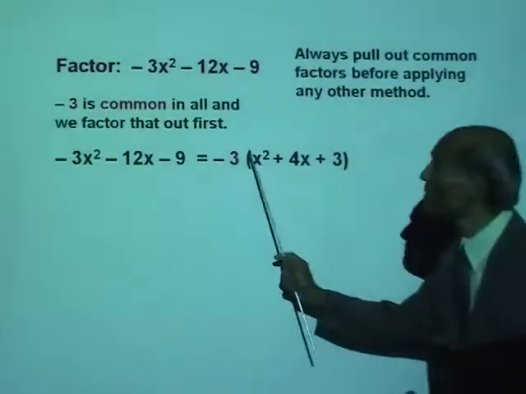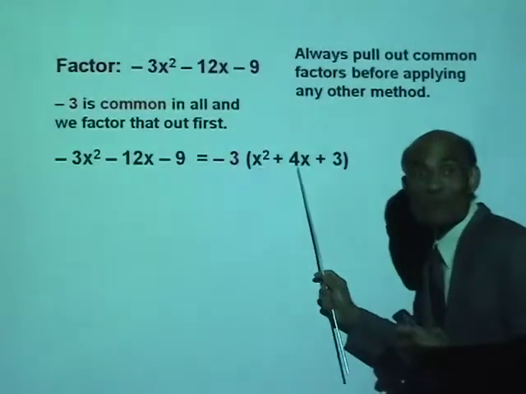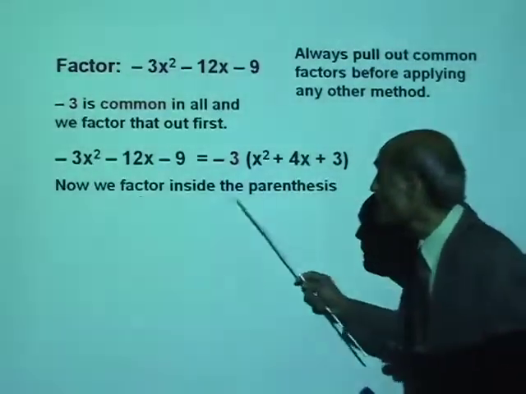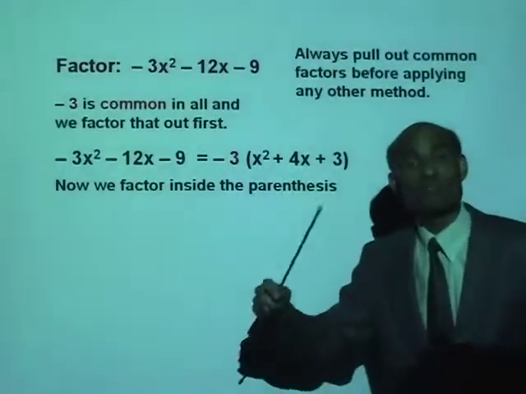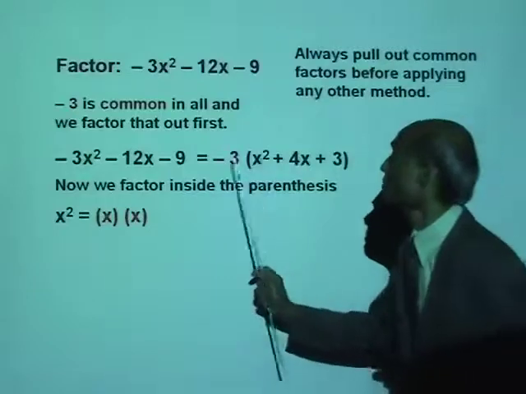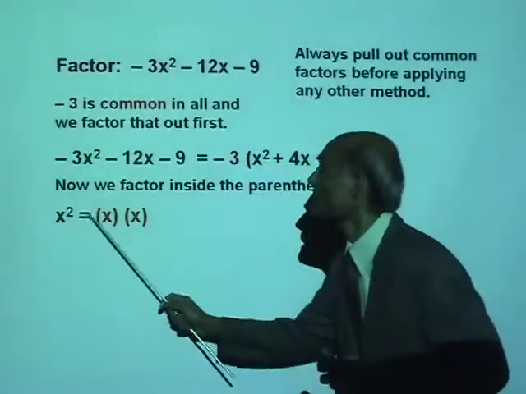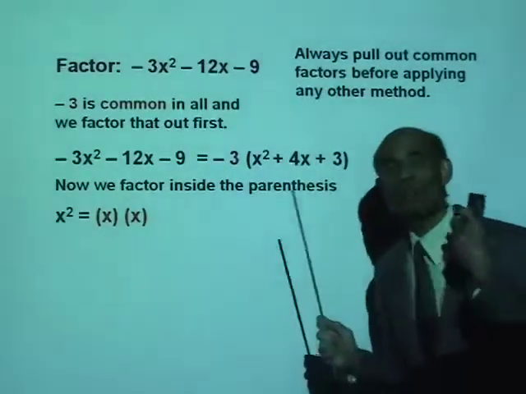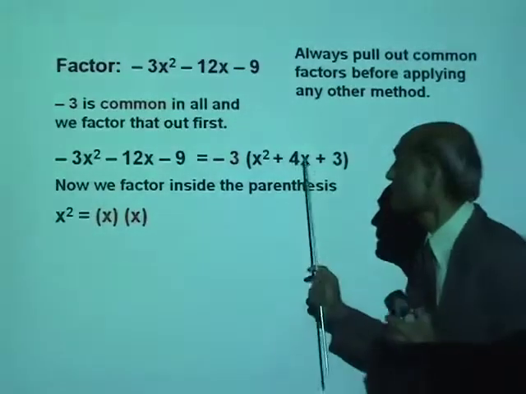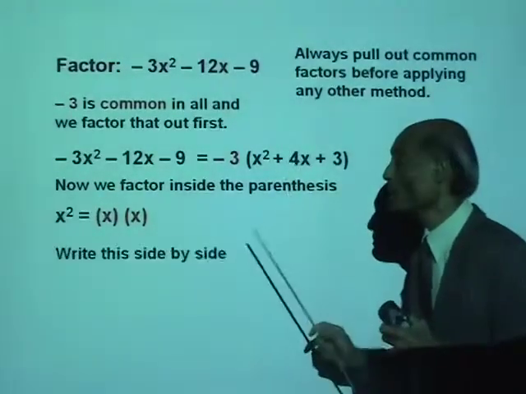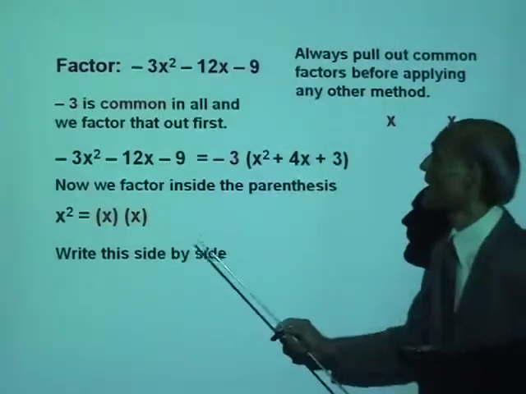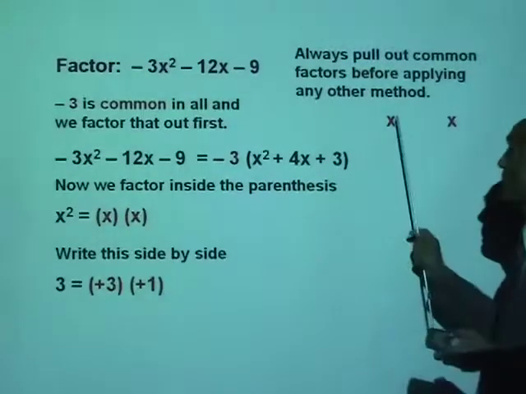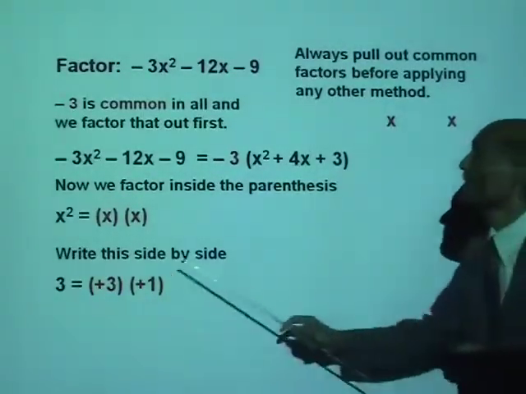Now, once the common factor is pulled out, what is remaining in the parentheses is a trinomial. And now we factor that trinomial using the rules we learned earlier. Now, you know x squared can be factored as x times x. And positive 3, there is only one way to factor that. Because the middle term is positive, positive 3 can be factored as positive 3 times positive 1. All right, we write x and x side by side.